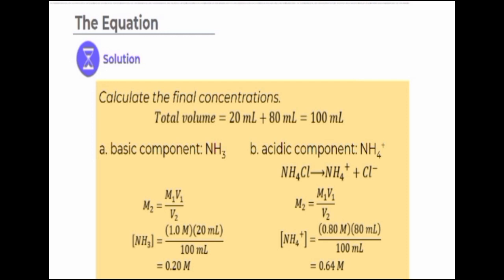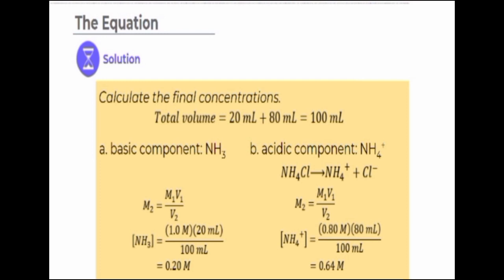Calculate the final concentration of ammonia and ammonium ion upon mixing. Note that the total volume of the buffer is 100 milliliters. The final concentration of each component is equal to the initial concentration times initial volume divided by the total volume.